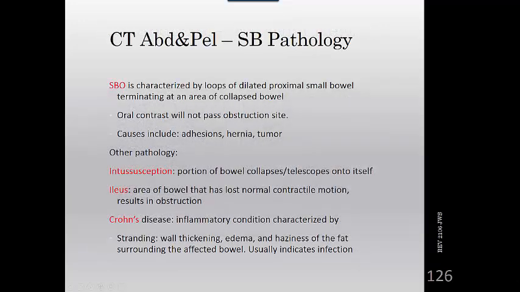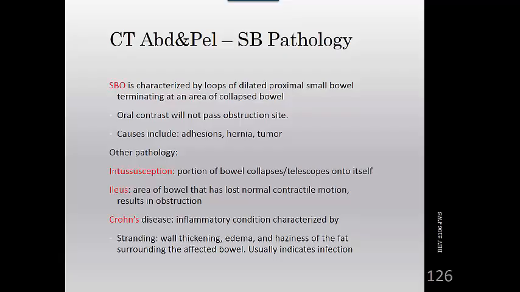The small bowel obstruction is a common thing that we scan for, and that's a serious and potentially fatal pathology. It's characterized by loops of dilated proximal small bowel terminating at an area of collapsed bowel. The oral contrast won't pass through the obstruction site, and causes include adhesions, hernias, and tumors.